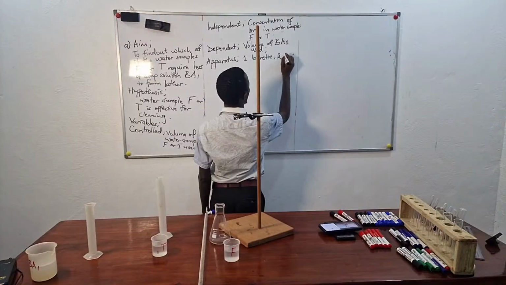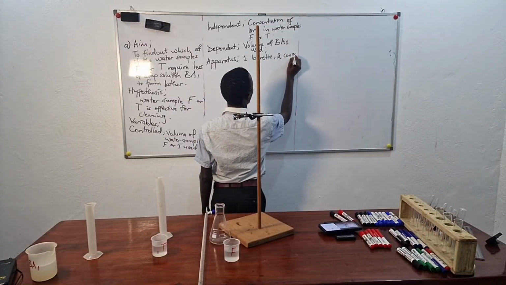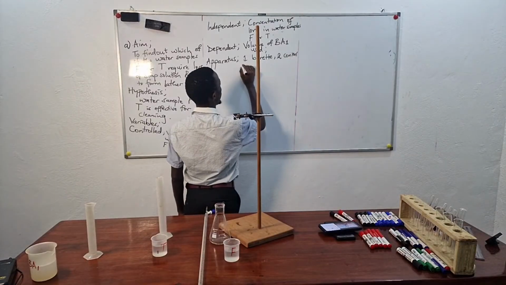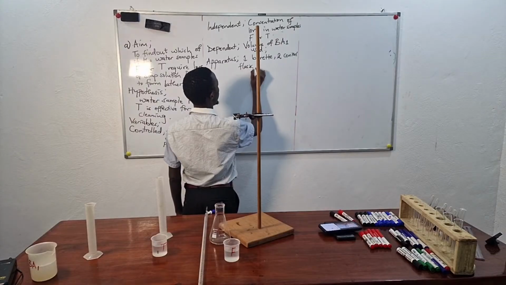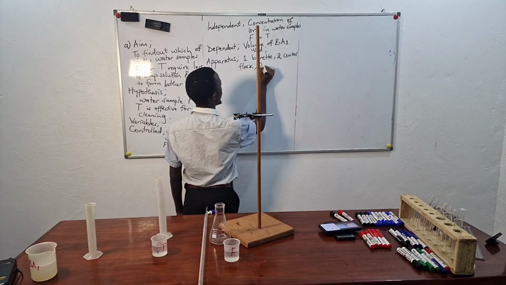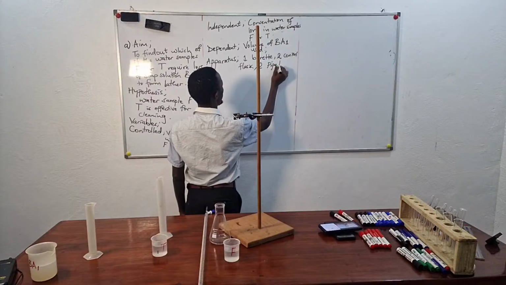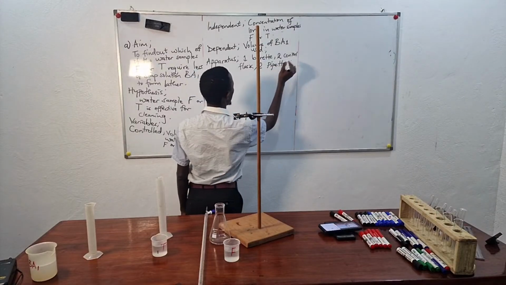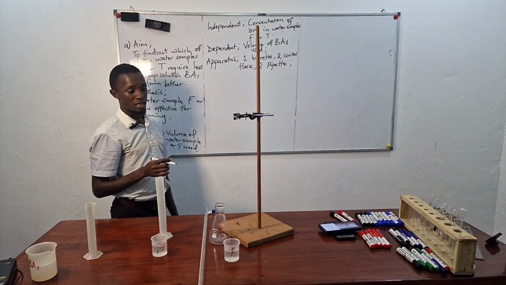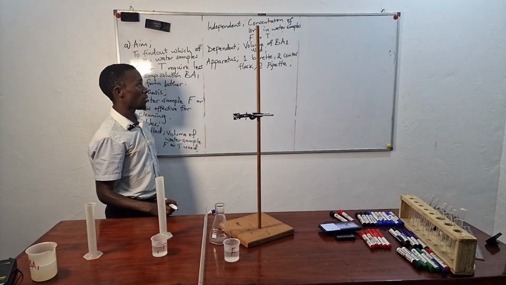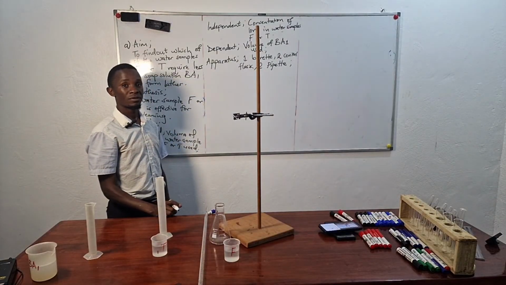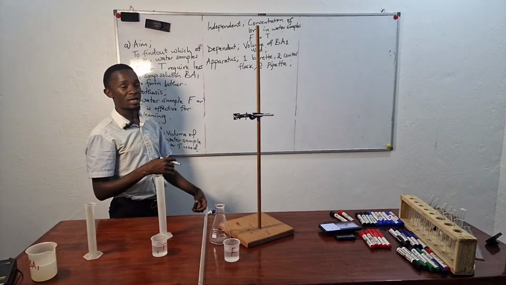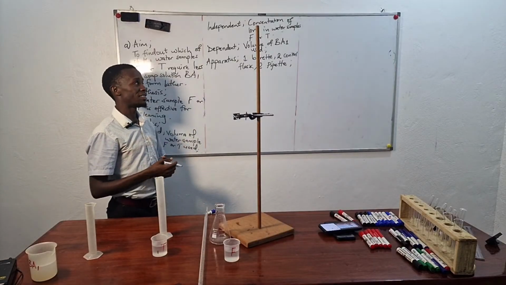Two conical flasks. And I will also need two pipettes, one for transferring water sample T, and the other for transferring water sample F, so as not to interfere with the amount or the concentration of ions.